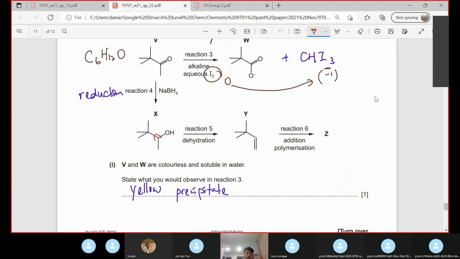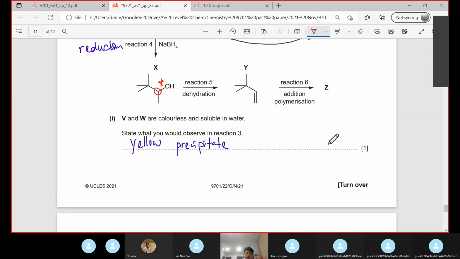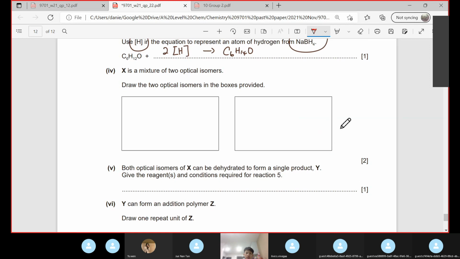So this is the chiral carbon. Optical isomers are always drawn in 3D.